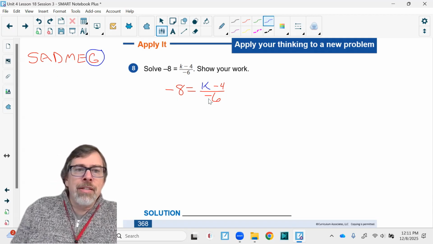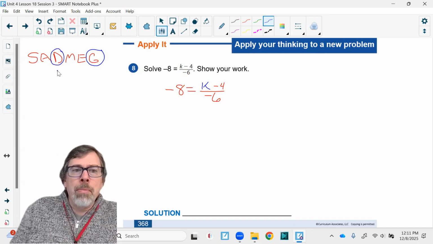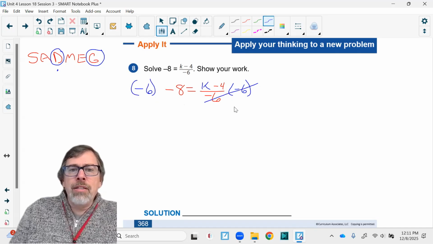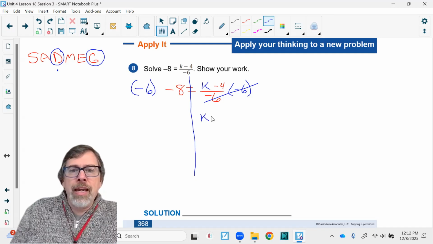I've got to get rid of this -6 first. And we're dividing by -6, so I'm going to multiply both sides by -6. Hopefully that makes sense to you. Think of it as peeling an onion. -6 divided by -6 is 1. Here's my line, by the way. And these cancel, and I'm left with K minus 4 and an equal sign. Don't forget that equal sign right here. And negative times a negative is positive. 6 times 8 is 48.